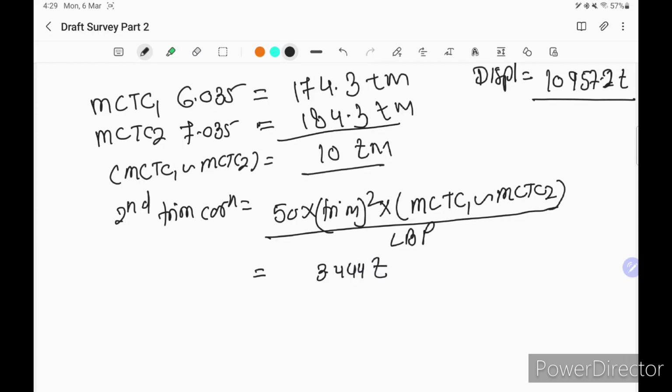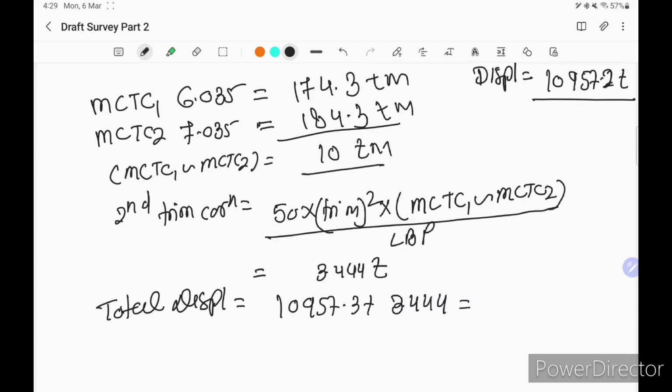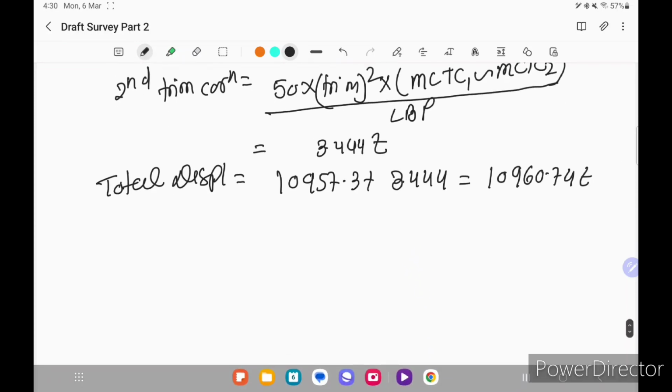In the question we don't have the list correction, so no need to calculate the list. So total displacement is 10957.3 plus 3.444 is equal to 10960.74 ton. Okay, this is the first part of the question.